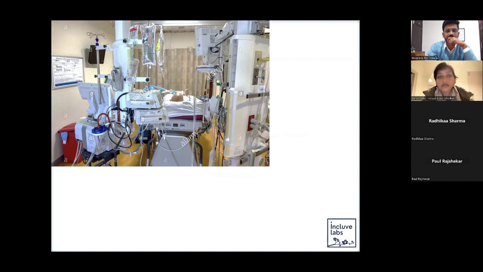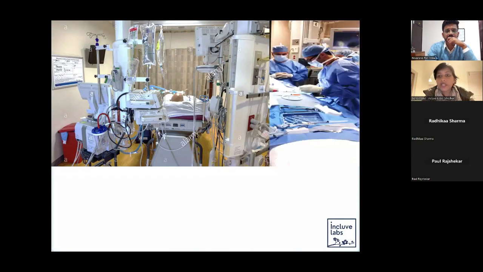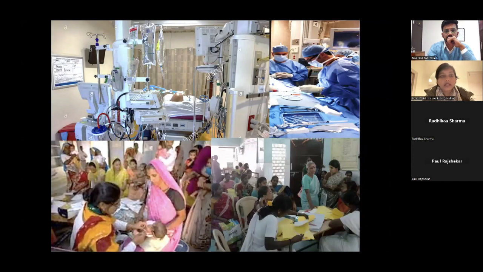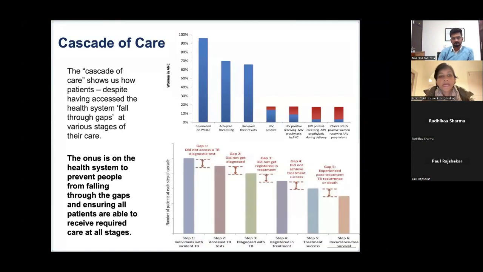If you look at this, we can spend an hour listing out all the things that can go wrong in this setting. Same thing, in an OT, it becomes very normal to people who are working there, but you can list at least 100 things which can go wrong in this environment, even if people are doing their best. Same thing in an OPD, in an antenatal care unit, anywhere else. We forget how complex the system is in which we are working.